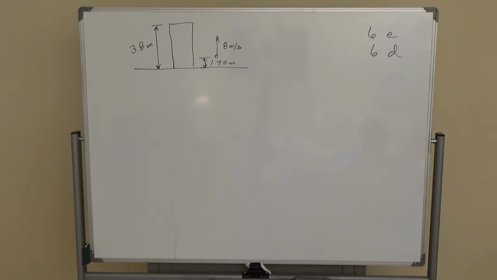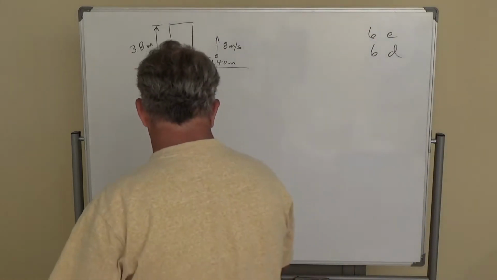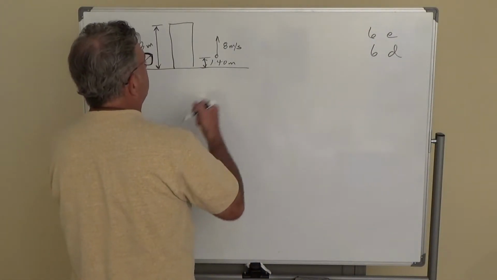All right, so this is it, right? 3.8. I mean, your numbers may be a little bit different. Yeah, that's pretty much it.